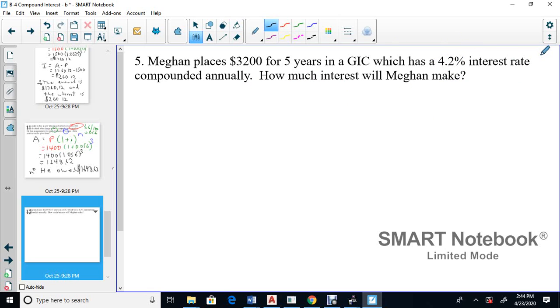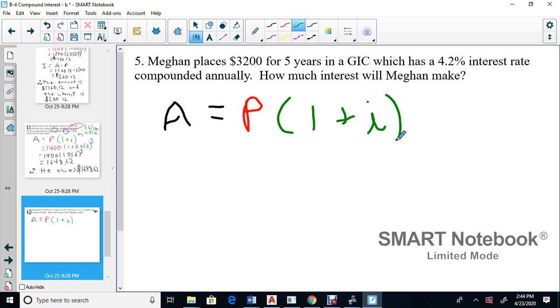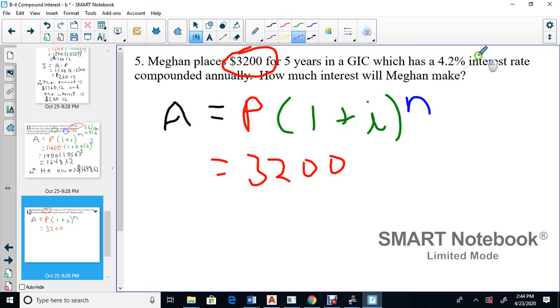We got to find the amount first. So we always start with this equation. A equals, let's now switch our colors. P, 1 plus I, so this is the letter I, to the exponent n. We'll go with the red to find the P. So there's how much she places in. So she's got 3,200. Okay, there's the 4.2% right there.